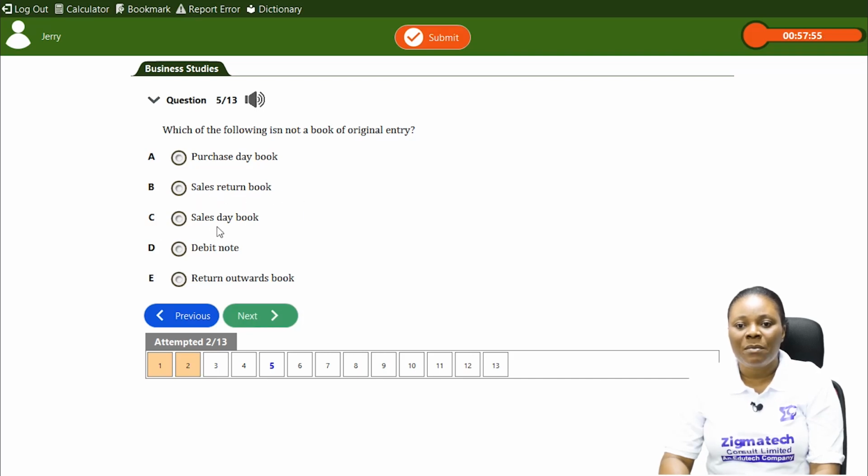C, sales day book. D, debit note. E, returns outward book. The answer is D, debit note. Debit note is not a book of original entry. All these are books of original entry, but D is not a book of original entry.